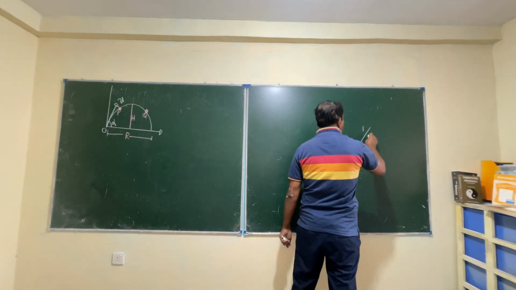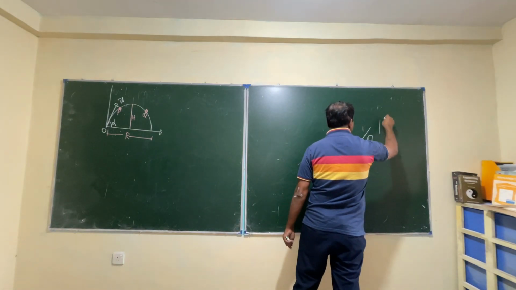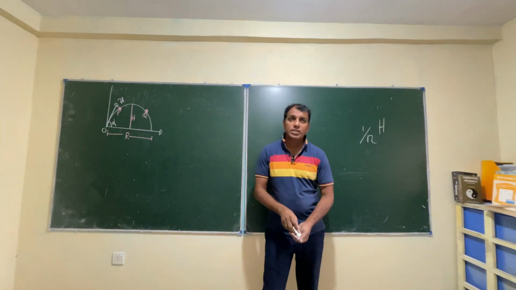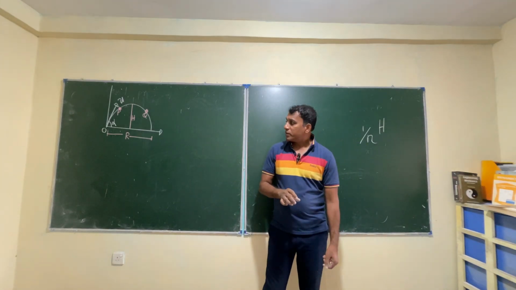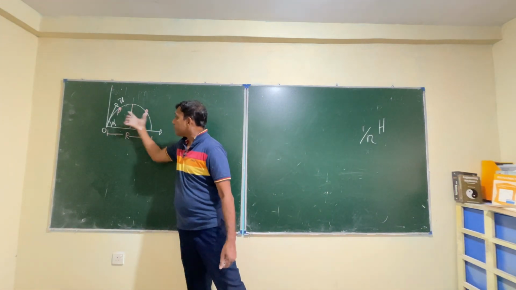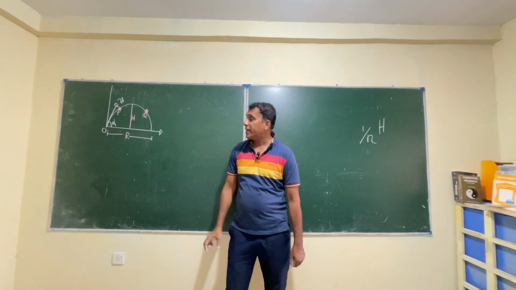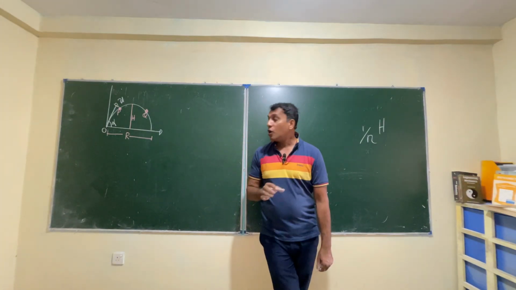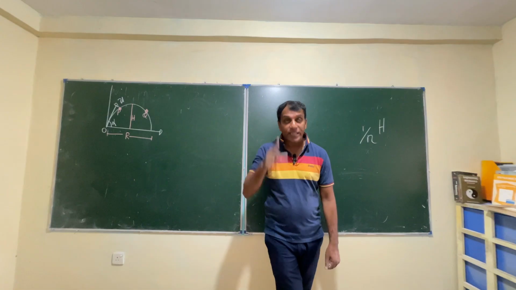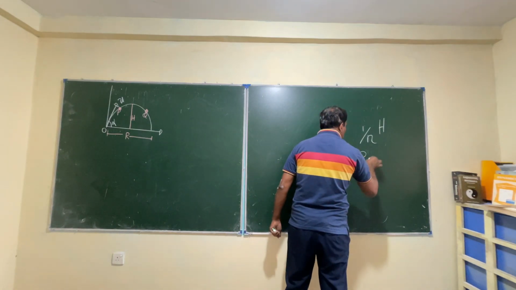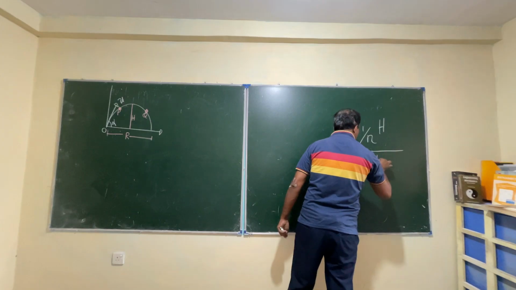The distance PQ, where the height is 1 over n times the greatest height H, is R times the square root of 1 minus 1 over n. This is a nice problem, right?